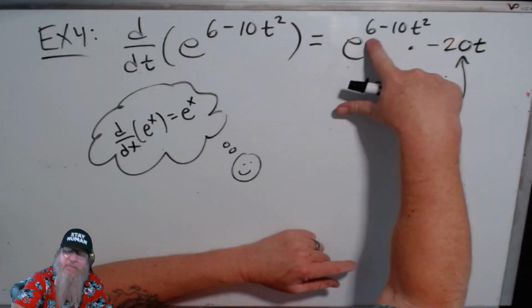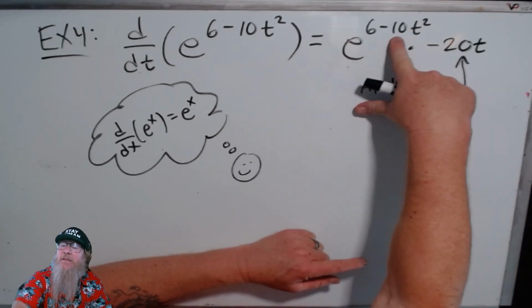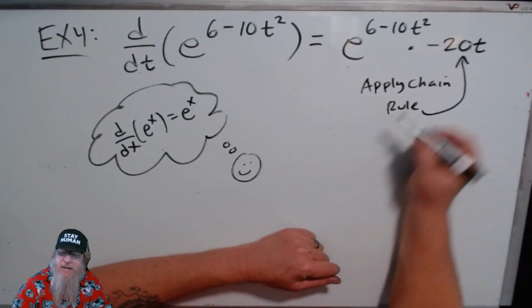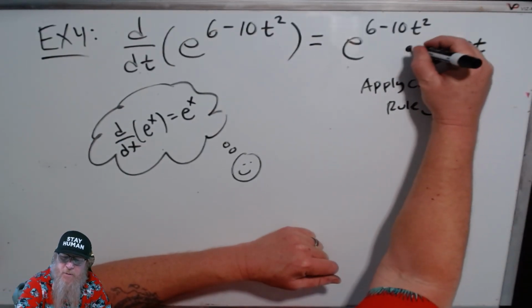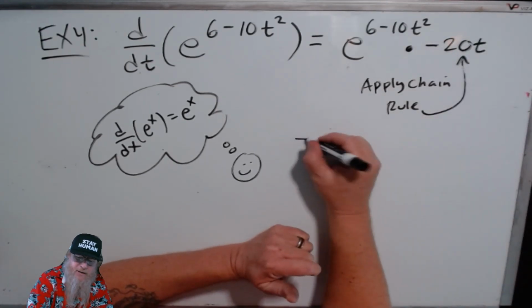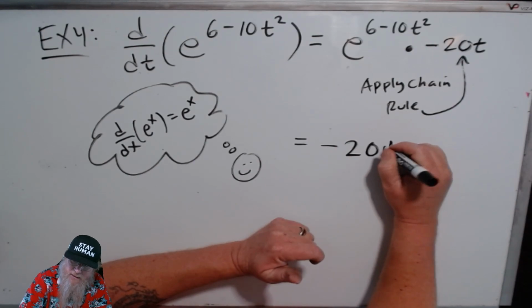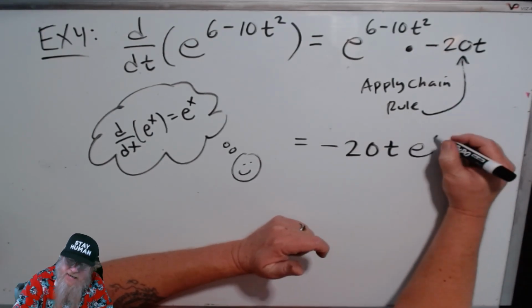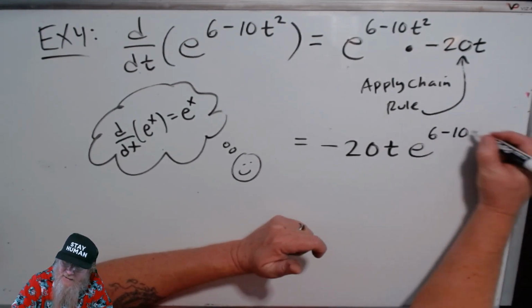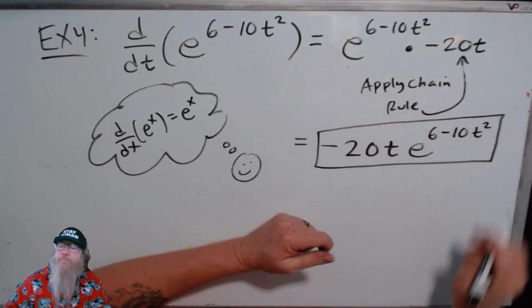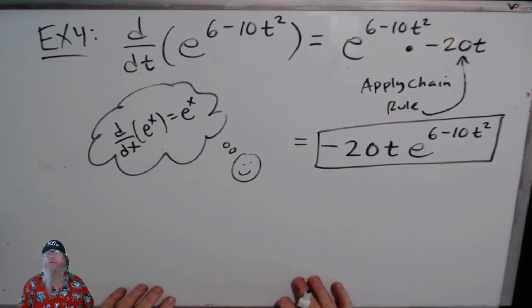The derivative of 6 is 0. The derivative of negative 10t squared is negative 20t. Now this looks terrible, multiplying by a negative. So I'm going to rewrite the negative in the front, then the 20t, then the e, and then the power 6 minus 10t squared. So that is your simplified answer.